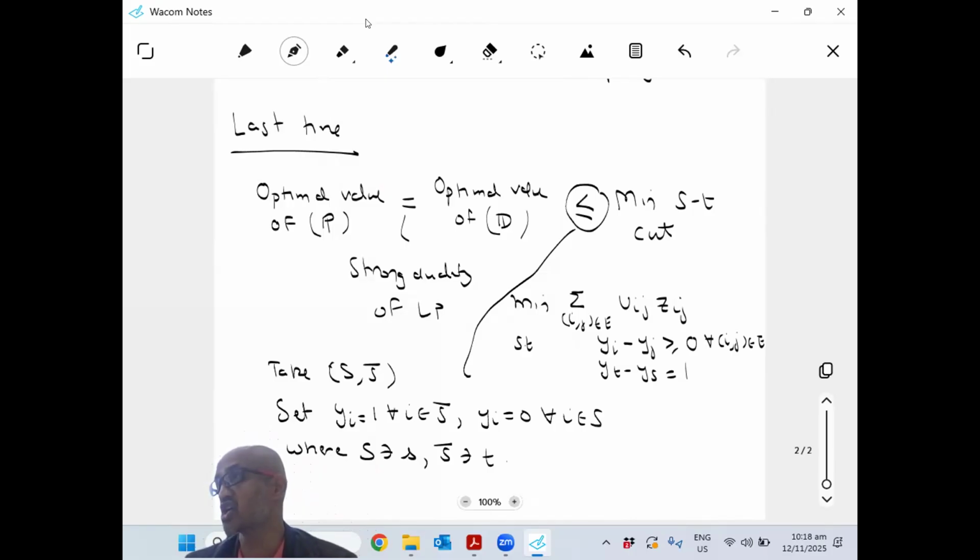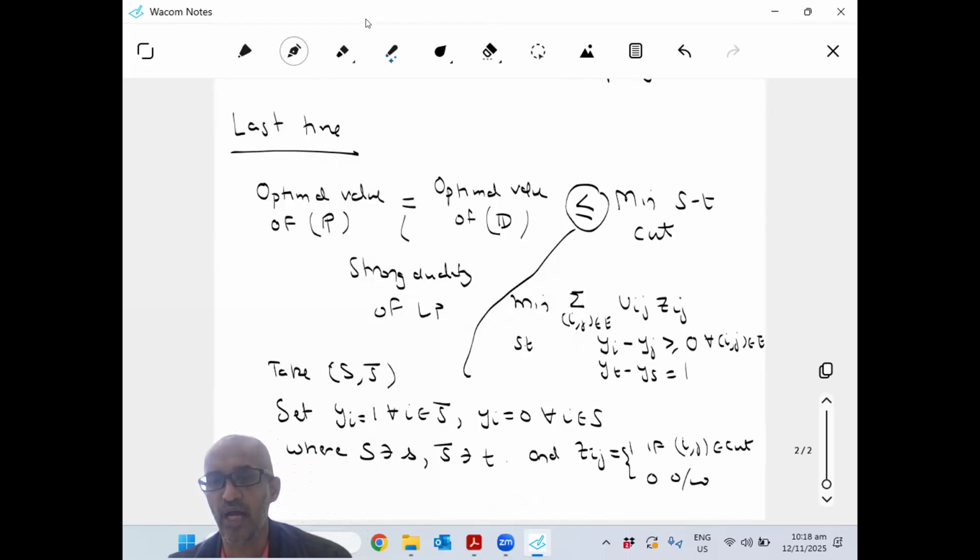It satisfies this condition. And set z_ij to be 1 if (i,j) is in the cut, and 0 otherwise.